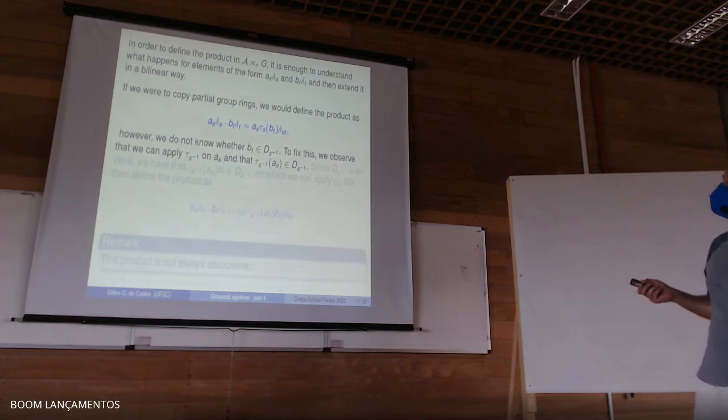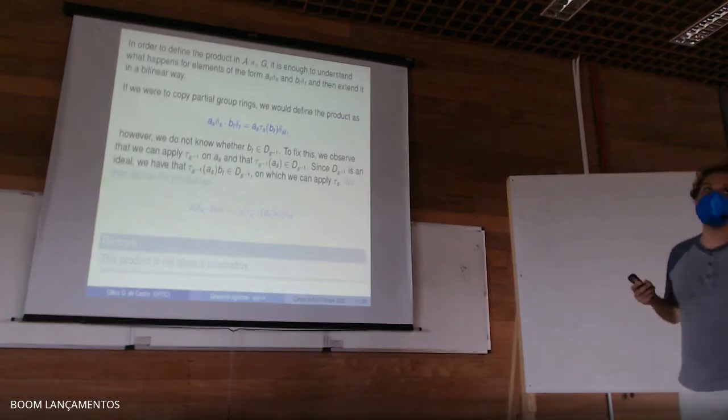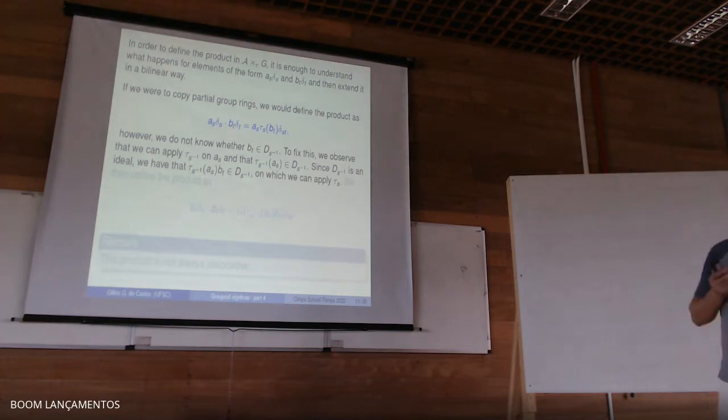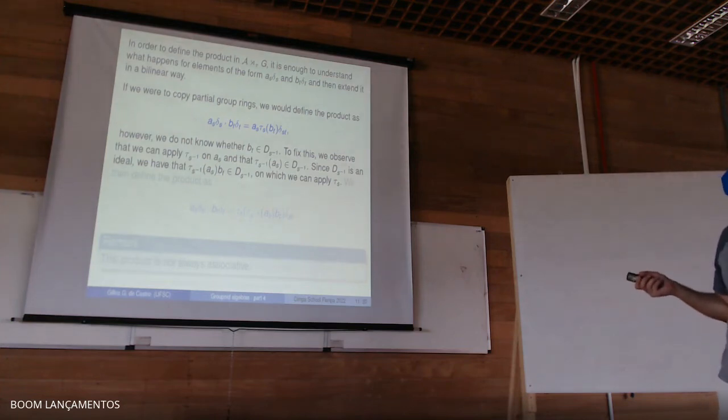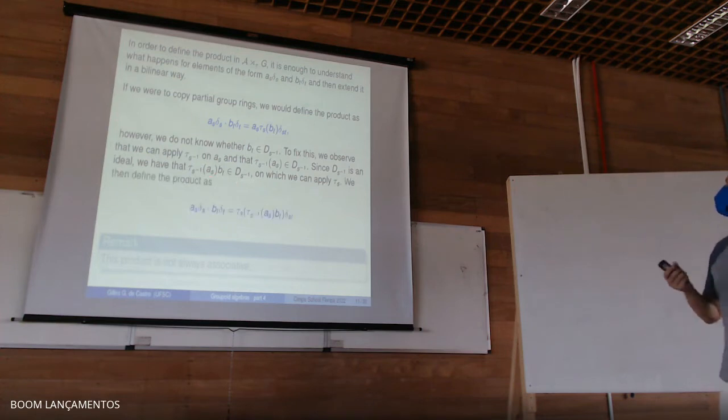When we apply tau_{s^-1} on this a_s, the result is in the ideal indexed by s^-1. And because D_{s^-1} is an ideal, when you multiply tau_{s^-1}(a_s) with b_t, now we are in the domain of tau_s, so this element is going to be in D_{s^-1}, and here we can apply tau_s. This makes sense.